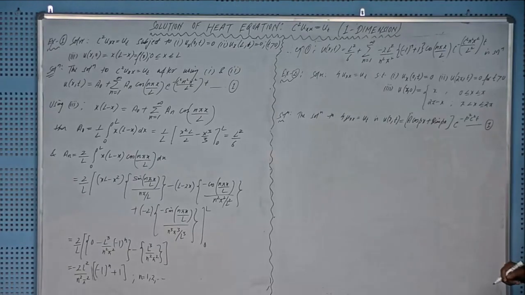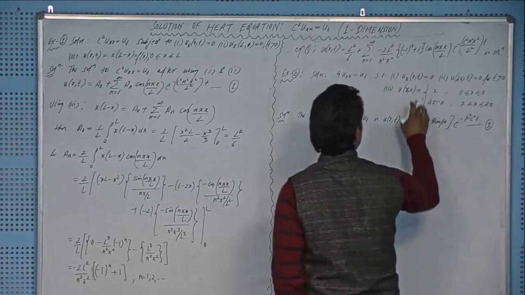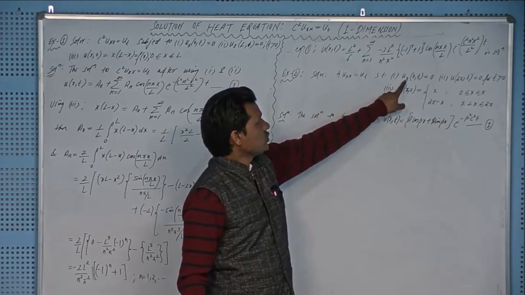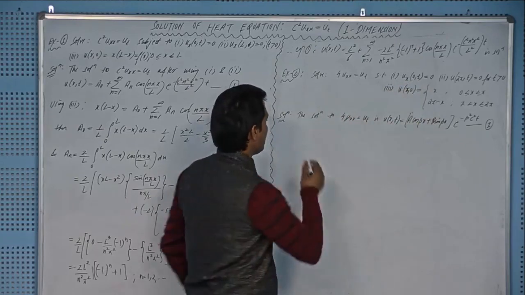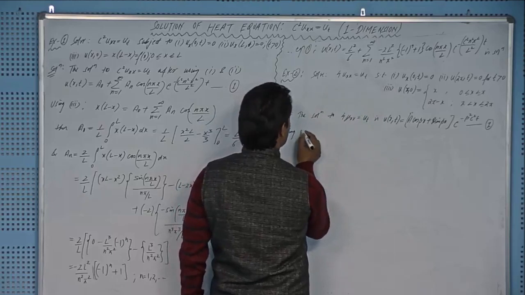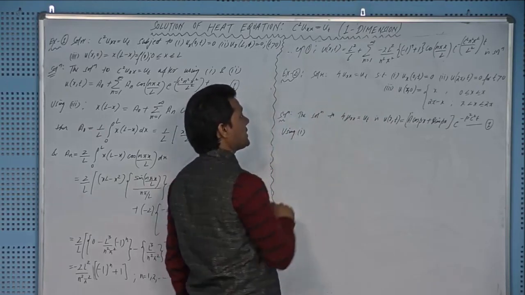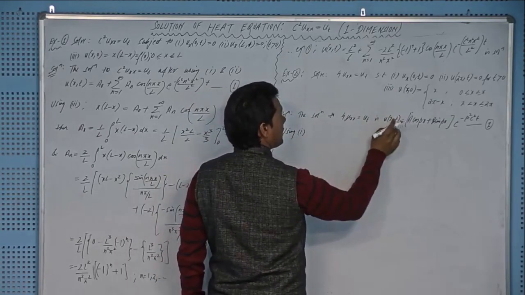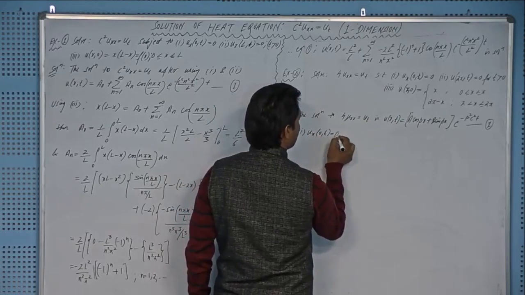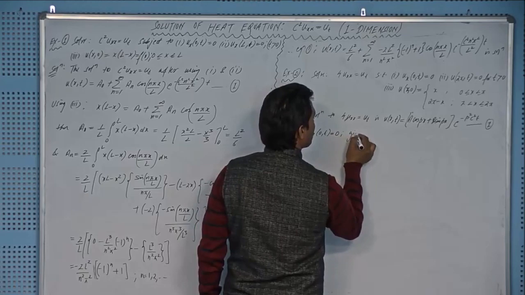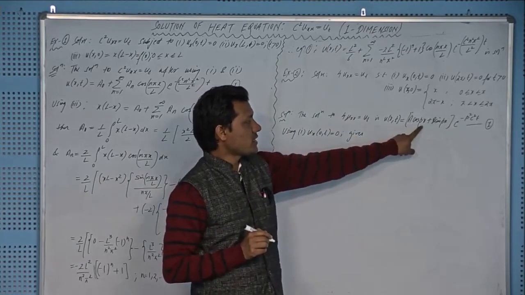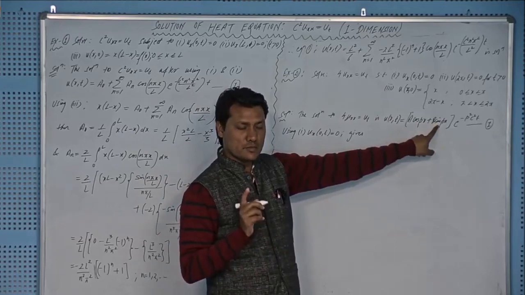And let me impose these conditions on it. If I impose this first condition, u_x(0, t) equal to 0, for that I have to differentiate it with respect to x, and sine will become cos, and that will give me b is equal to 0.